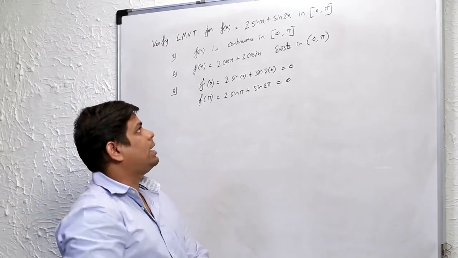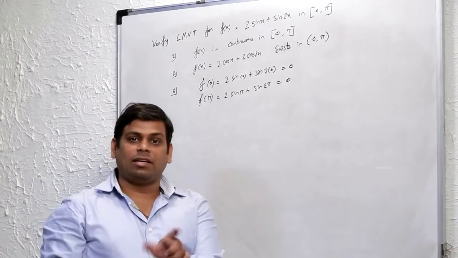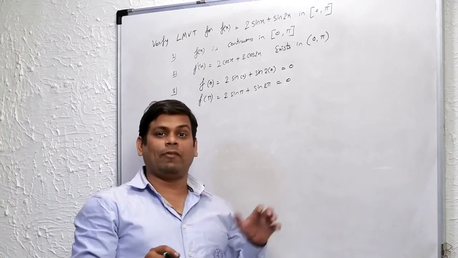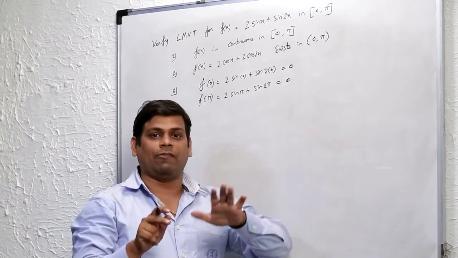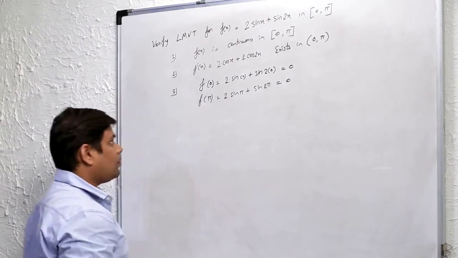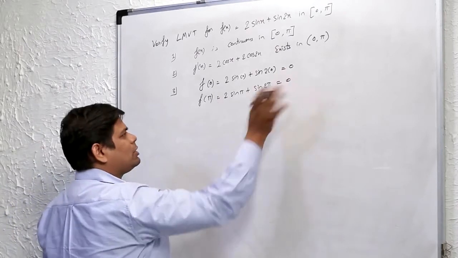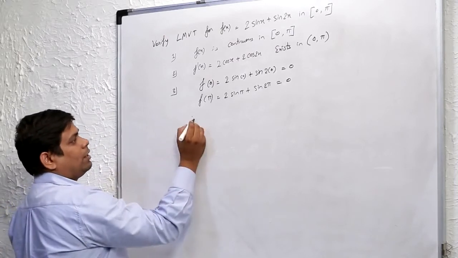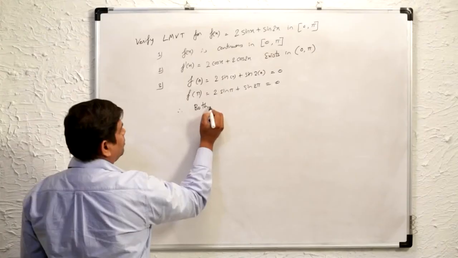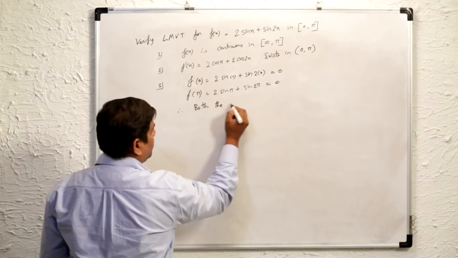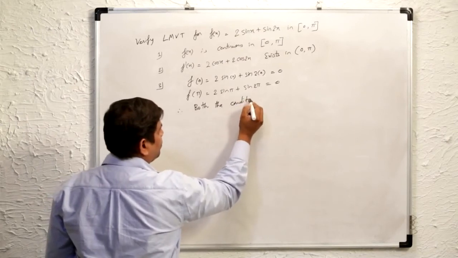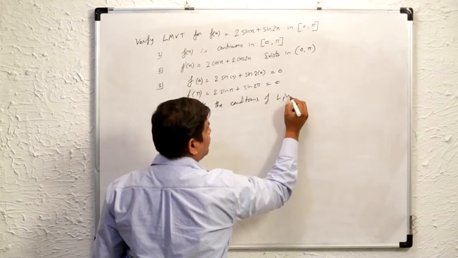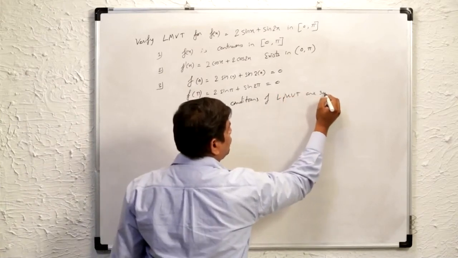But it's okay, in this case your Lagrange's mean value theorem reduces to Rolle's mean value theorem, but don't say that Lagrange's mean value theorem is not verified. Don't say that. It's okay, they are equal. Lagrange doesn't say that they should not be equal. So, therefore both the conditions of Lagrange's mean value theorem are satisfied.